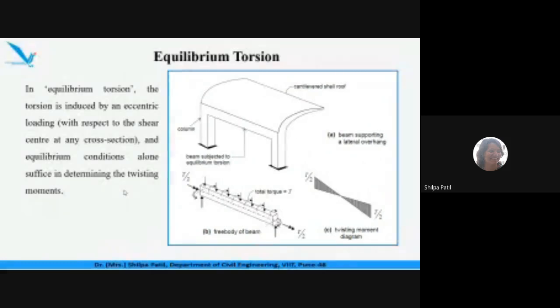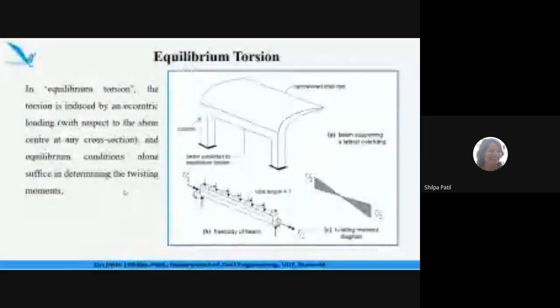It is now very clear to all of you that in your term work, when you finalize your plan and show a balcony, which is nothing but a cantilever slab, or show a porch attached to a beam, because of that porch or balcony, torsion will be developed in the beam, and that beam should be designed for this torsional moment.